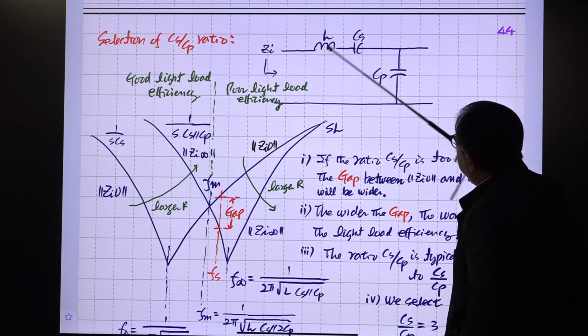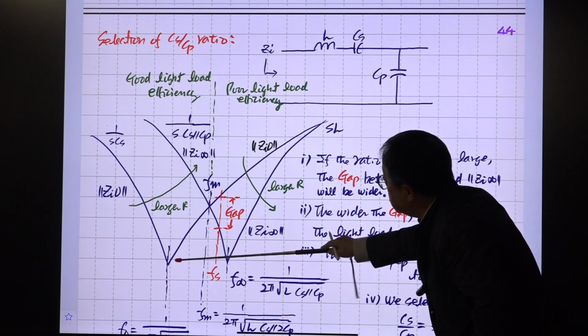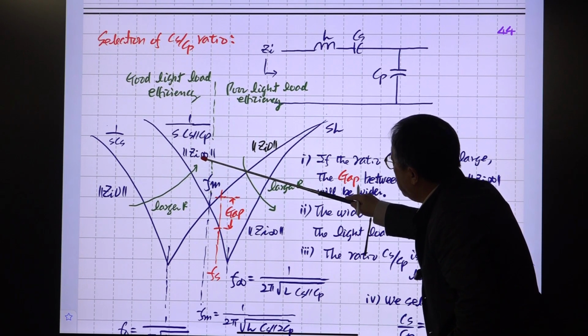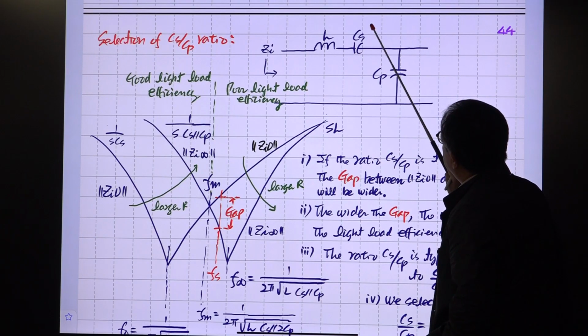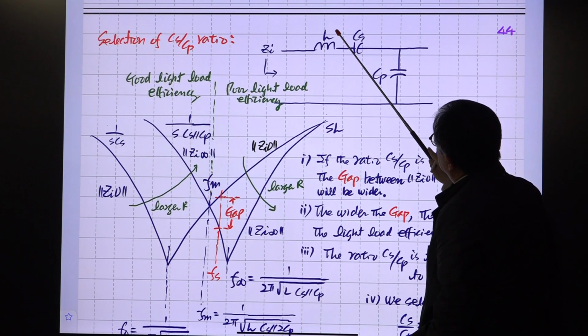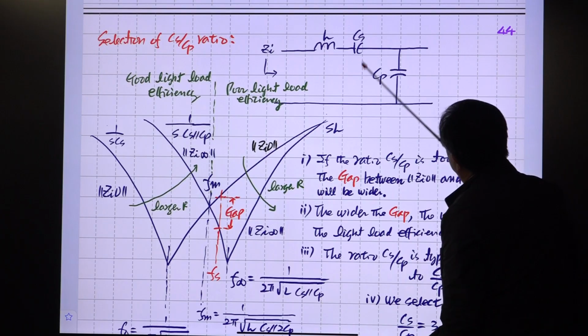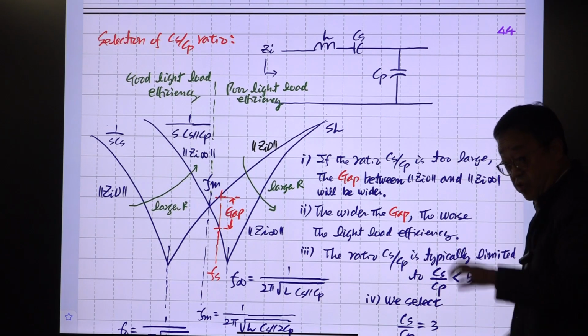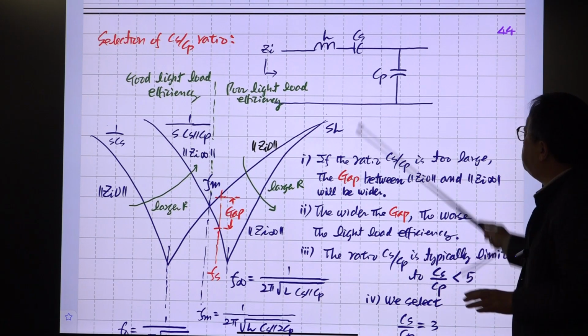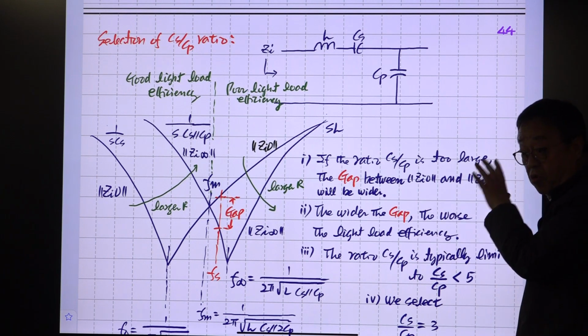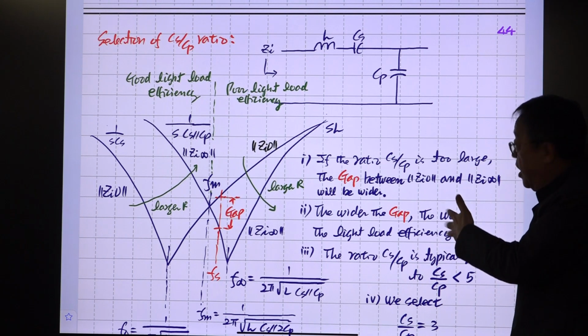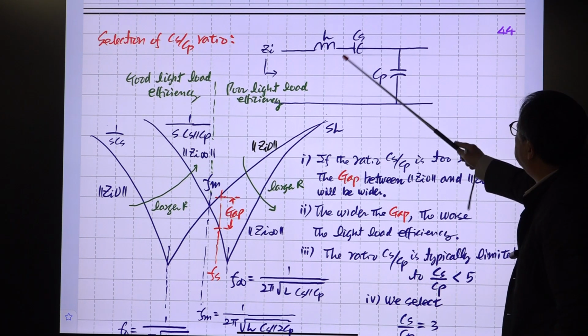So we have this resonance, and the resonance frequency is this one. When the output is open, the resonance frequency is from L with the series connection of these two capacitors. This value is smaller. This is a parallel combination, not a series combination.